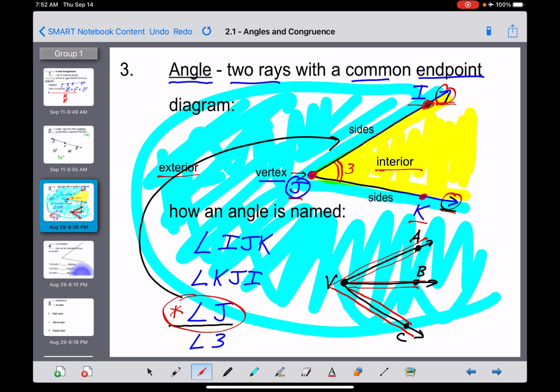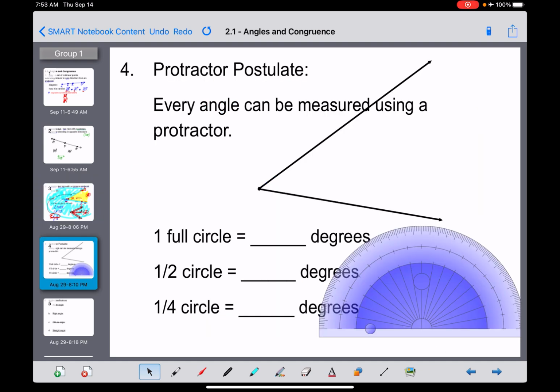You can't tell which angle it is that we're talking about. So in a simple diagram like this with just one angle, yeah, go ahead and use that one-letter vertex method. But in a more complicated diagram like this, you don't want to use that, and you're going to want to use 3 letters.